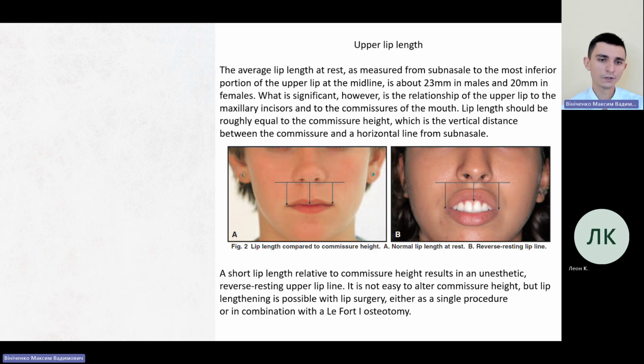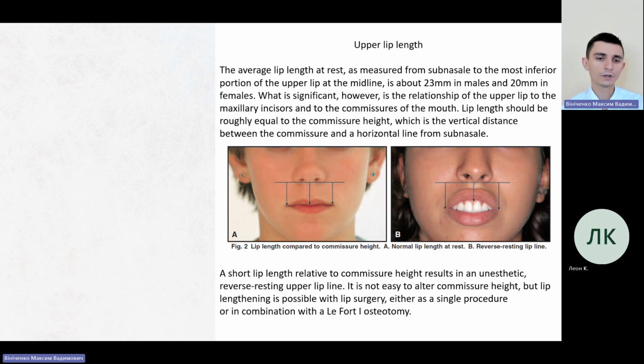Lip length should be roughly equal to the commissure height, which is the vertical distance between the commissure and a horizontal line from subnasal. A short lip length relative to commissure height results in an unaesthetic reverse resting upper lip line. It is not easy to alter commissure height, but lip lengthening is possible with lip surgery, either as a single procedure or in combination with a LeFort I osteotomy.